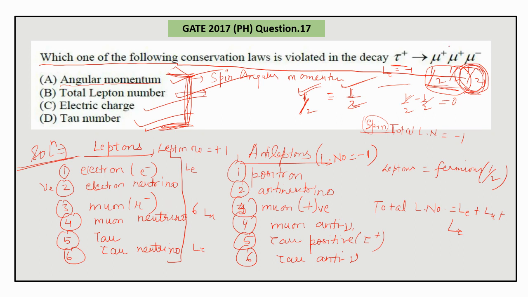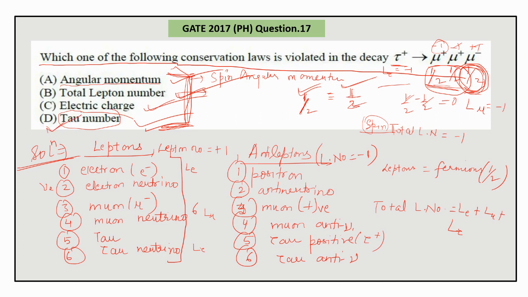On the right hand side, muon positive gives minus one and muon negative gives plus one, so these cancel, and we have L_mu equal to minus 1. So total lepton number is minus 1 on both sides, so it is also conserved. Electric charge is conserved. So the individual tau number is not conserved. So D is the answer.